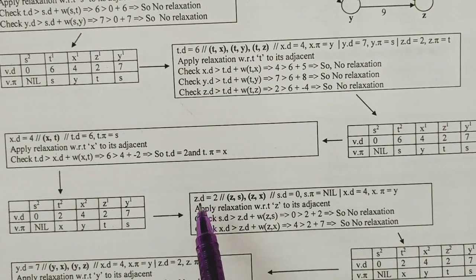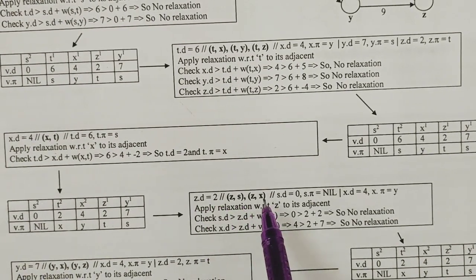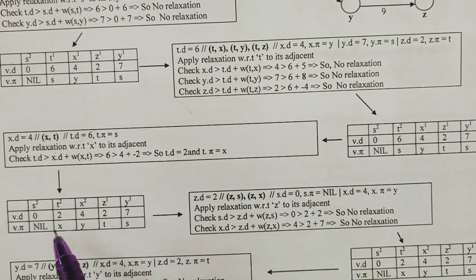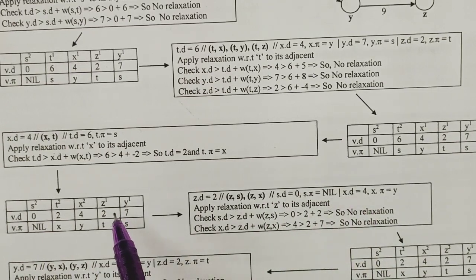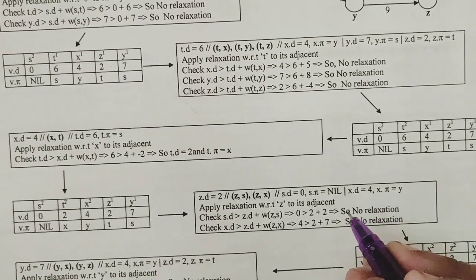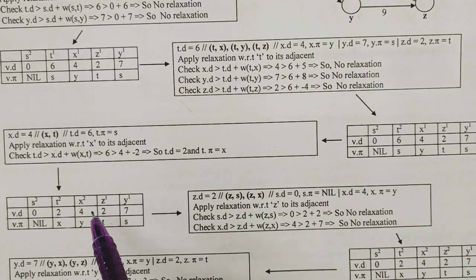What is the last updated d parameter value of z? It is 2. And pick up s and x and identify their d values. S dot d is 0, s dot pi is nil. I'm sorry, there is a mistake here.